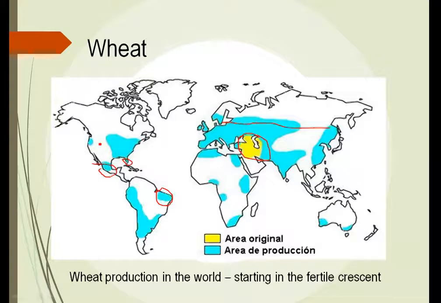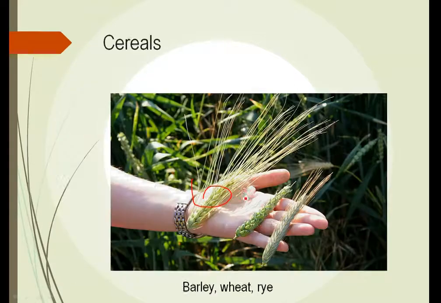Across barley, wheat, and rye, notice that they're seed heads that combine multiple seeds in the same structure, varying sizes of seeds. Wheat, the most commonly used cereal grain in the U.S., requires a bit better soil conditions and moisture than rye. Rye can withstand much more.